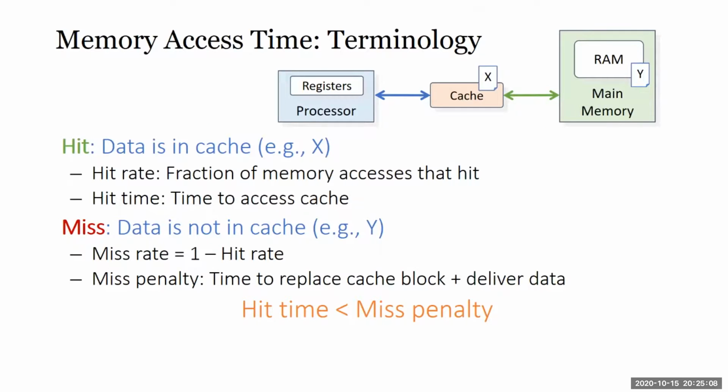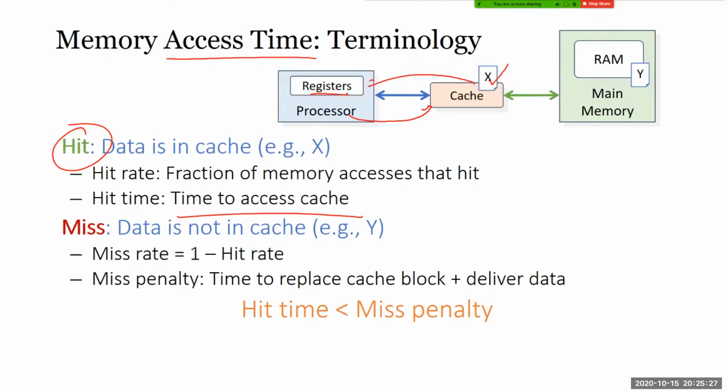In terms of access time, this is what we'll cover in tutorial. Once you have a hit, the time to access is just the time to access cache. The processor says, I want to load a piece of data. It's not in my register, so I go to cache. Yes, it's a hit. Come back, copy the read back in the register.